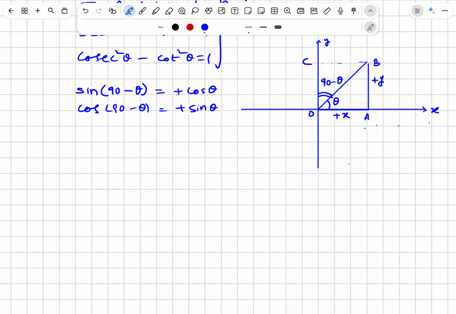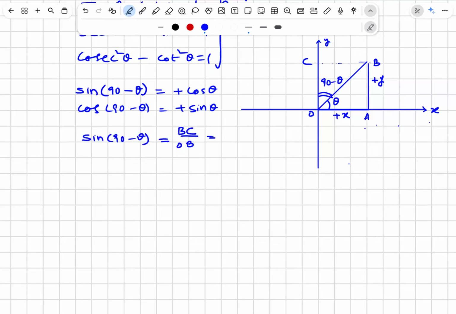If I ask you what is sin 90 minus theta, you will say simply that opposite side by hypotenuse. Right or not?